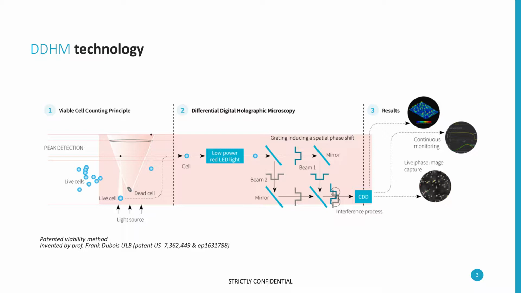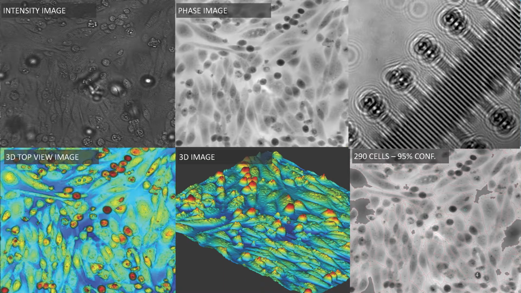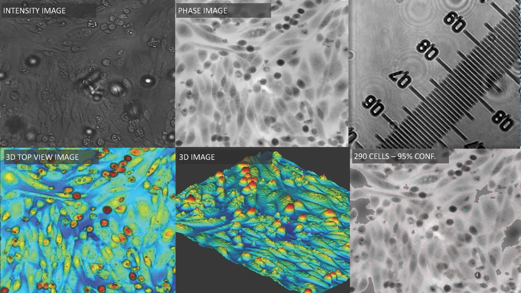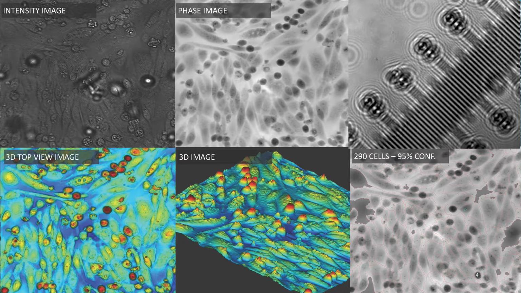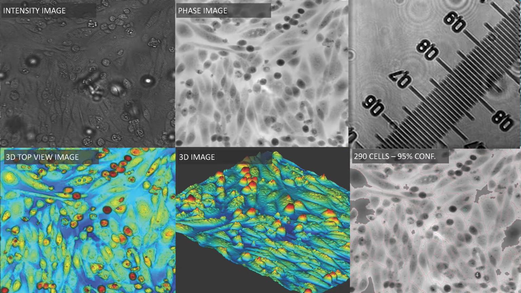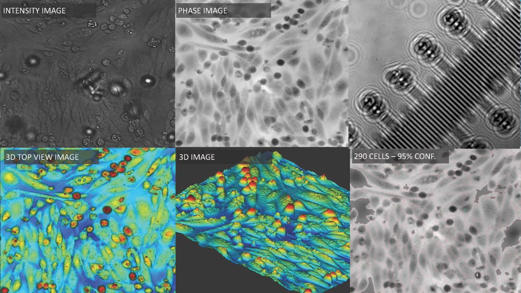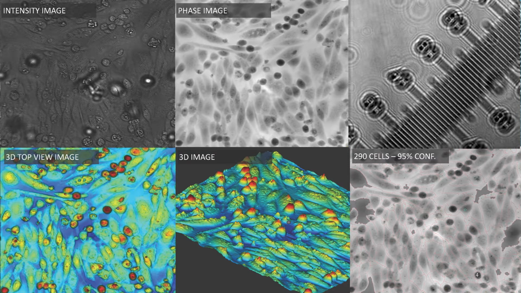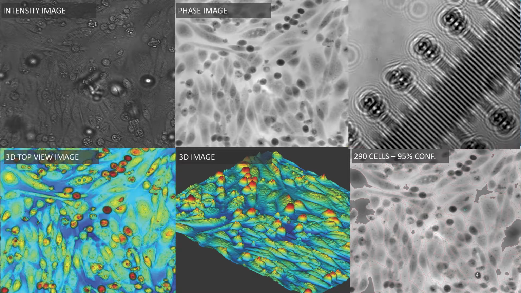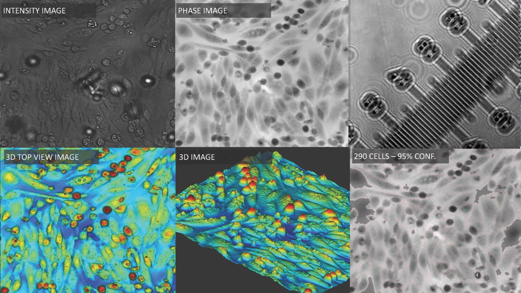So what are the images that we can provide to you? On the upper left, you see the intensity image. The intensity image is just like a bright field image, but because we are not using any stains, it's really hard to see something in that image. Then, of course, we have our phase image. The phase image tells us already a lot more on the cell and on the culture, but what's really important is the 3D holographic image.